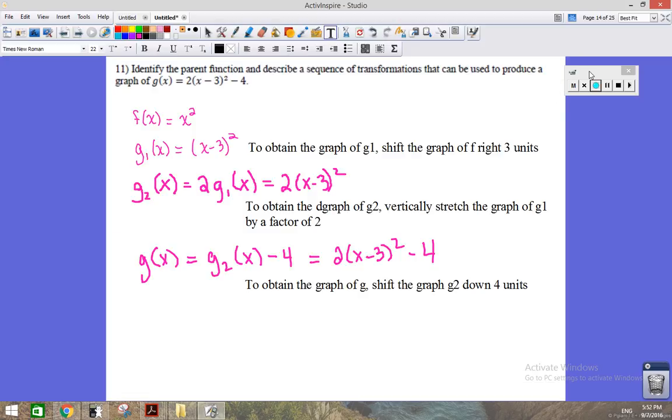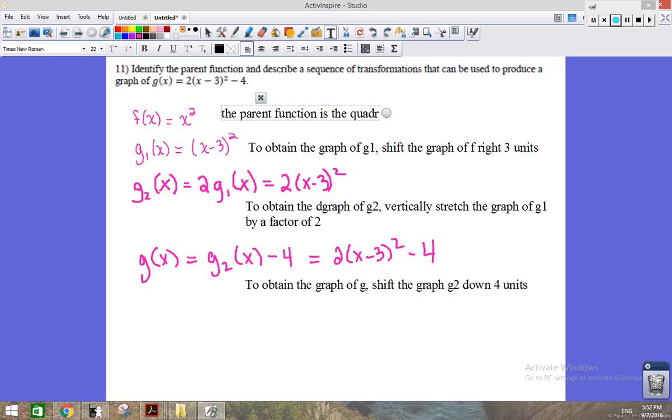Let's make sure that we've answered our question. Identify the parent function. Well, that was the quadratic function, sometimes called the squaring function, and the graph of it is often referred to as a parabola.